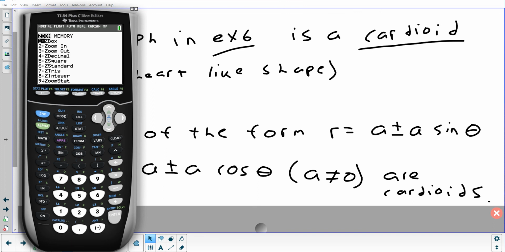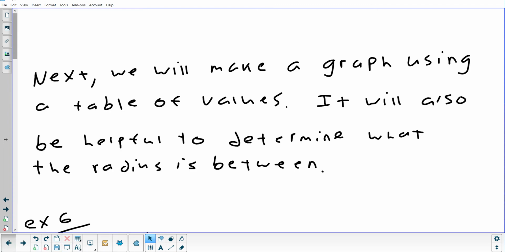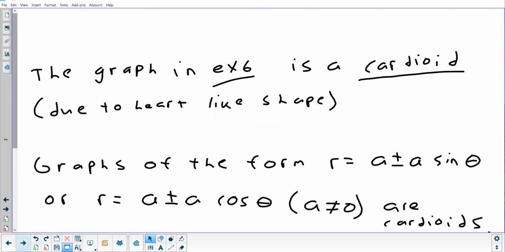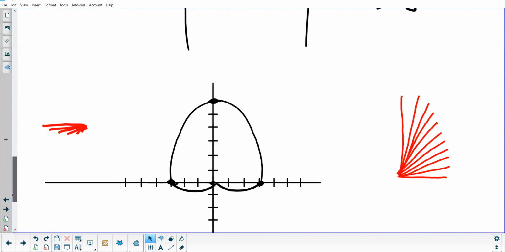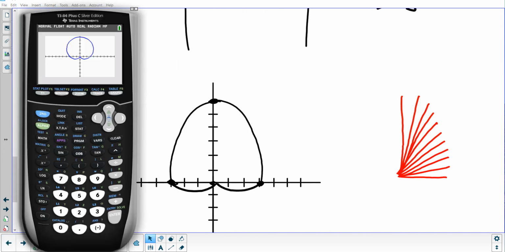Let's do zoom 5. And you can see it kind of looks like what I drew. Maybe mine should have been a little bit smoother at the top, but again, a cardioid is kind of hard to draw. But that's the idea. That's a cardioid.